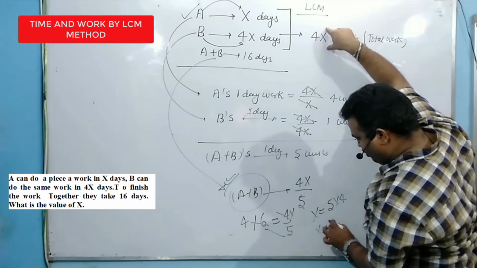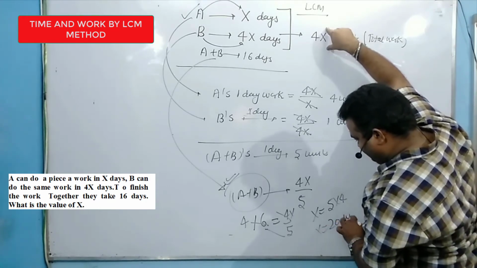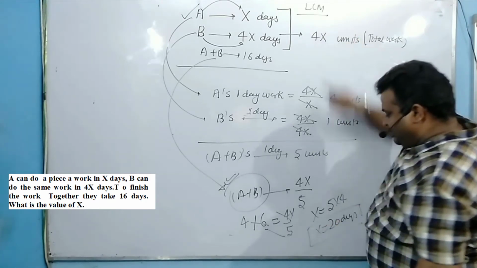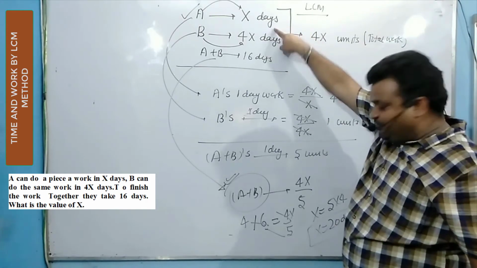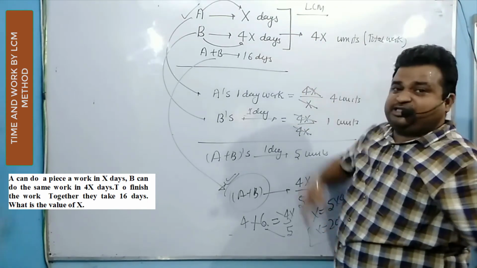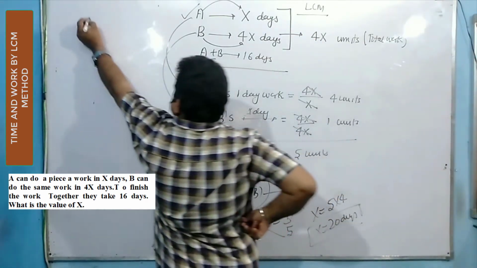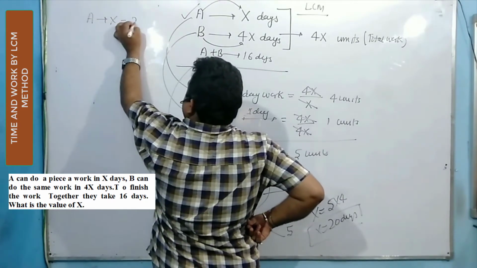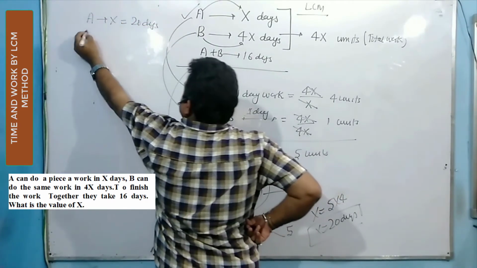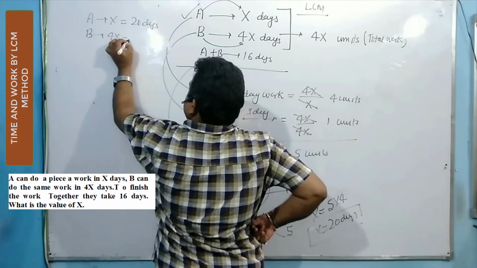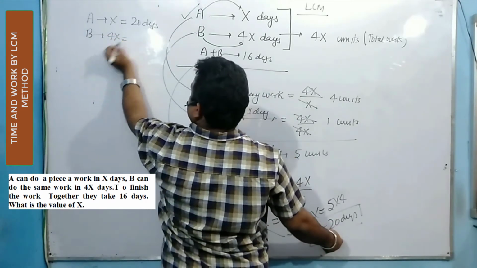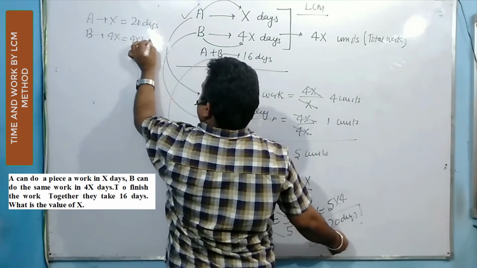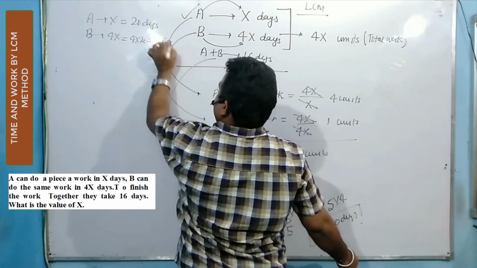So x equal to how many days? 20 days. So it means that A takes 20 days to complete the work and B takes 4 into x, means 80 days, to complete the job.